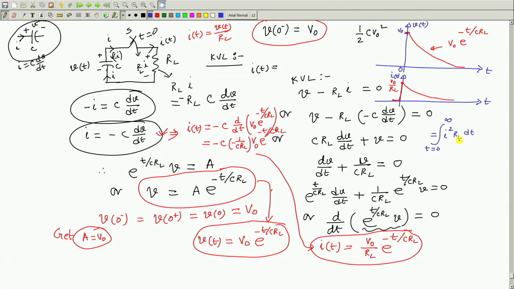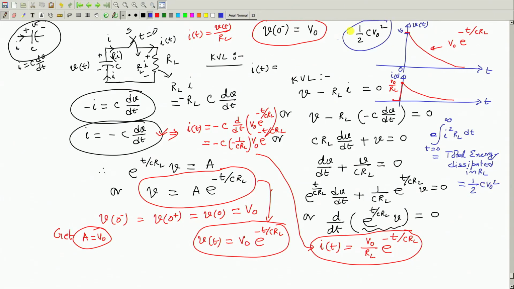It means the total energy dissipated in R L, and I am not calculating this, it must be equal to half C V naught square.